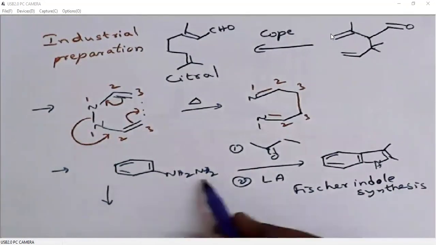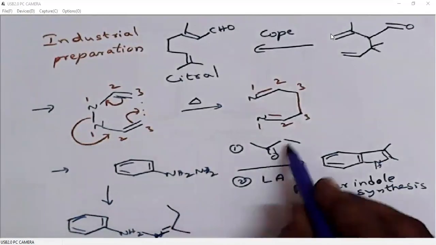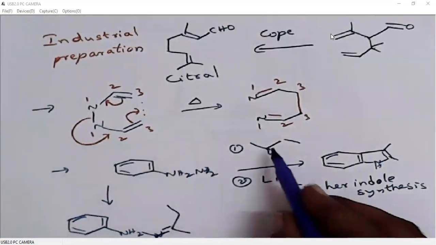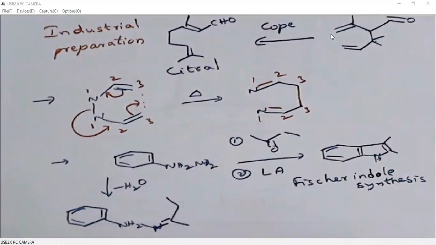Right. When hydrazine reacts with a carbonyl, it generates a hydrazone with a C=N double bond like this. This carbonyl, 2-butanone, will undergo condensation with the hydrazine, so it generates the hydrazone. Now, under acidic conditions, it undergoes rearrangement.